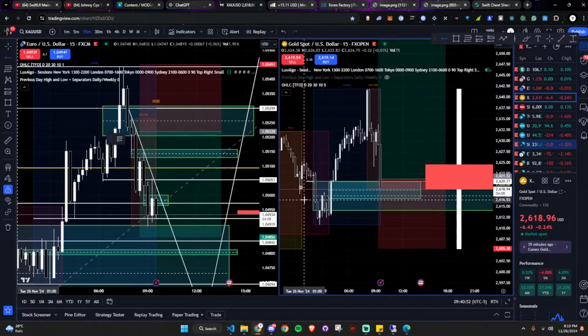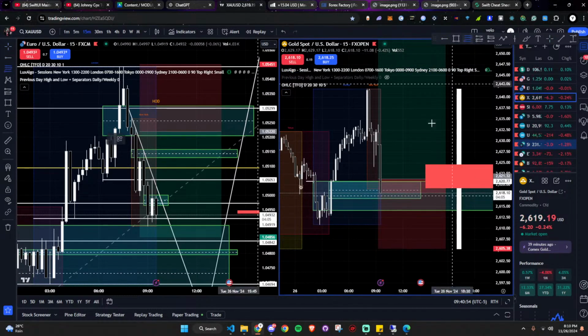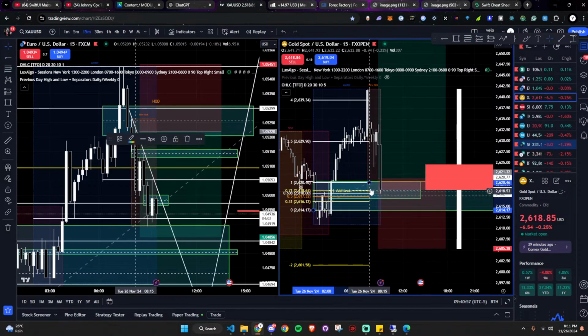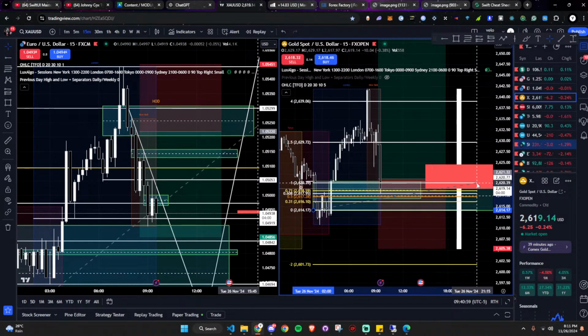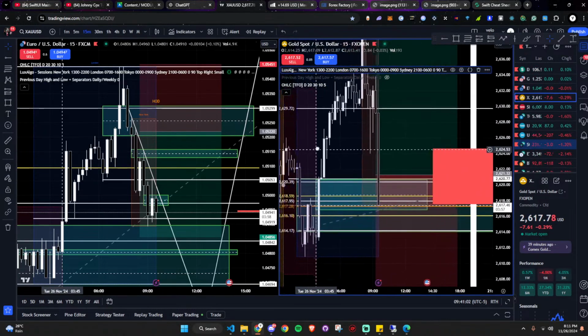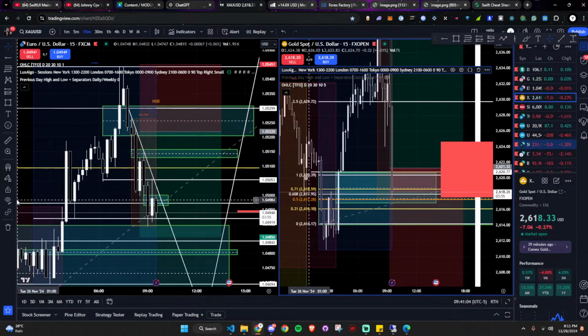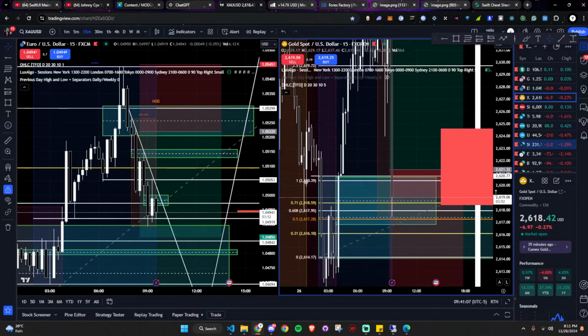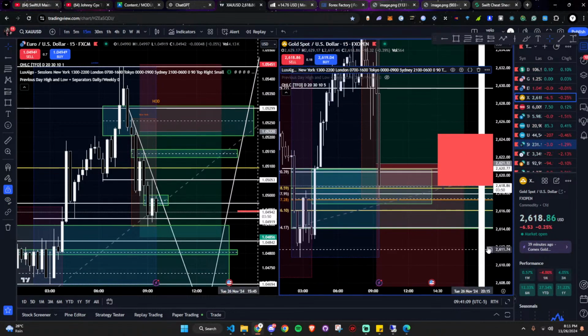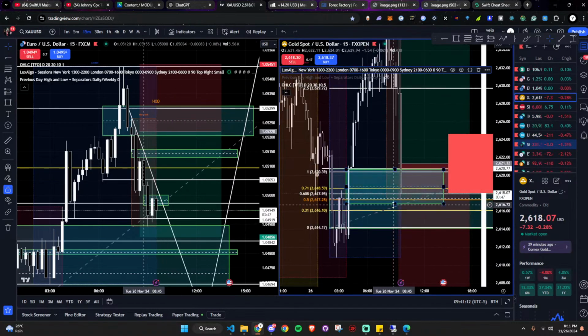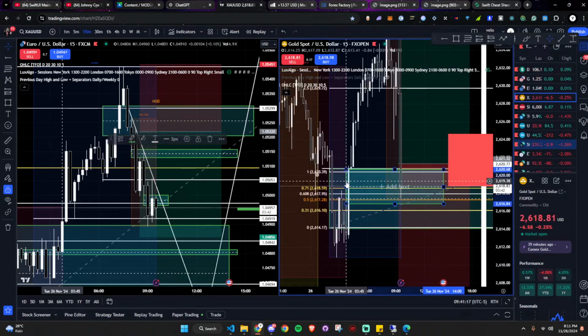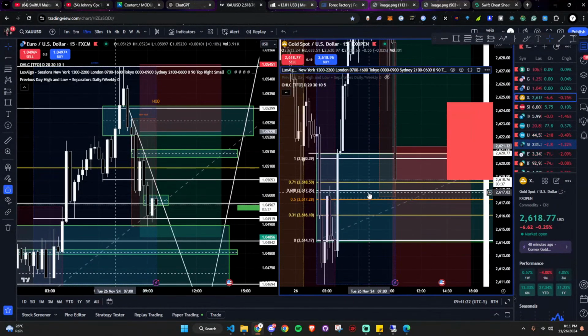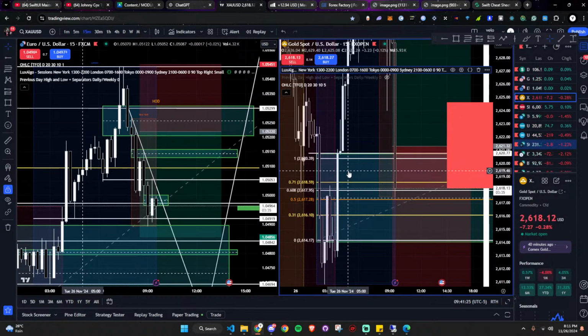Maybe we'll do like a 50%. Interesting. Seems like it's rejecting 0.5. If it pushes further than 0.5, that means we're cooked. At that point, there's no recovery. So we let go.